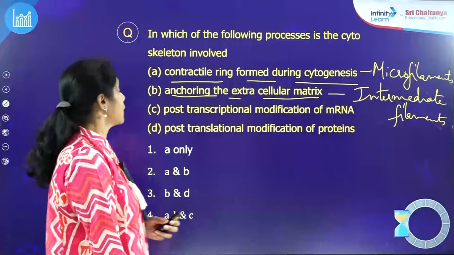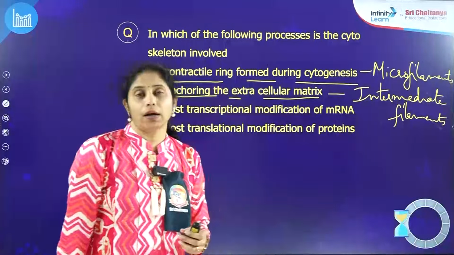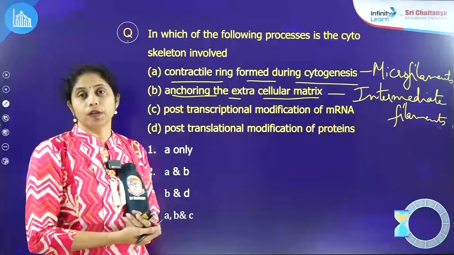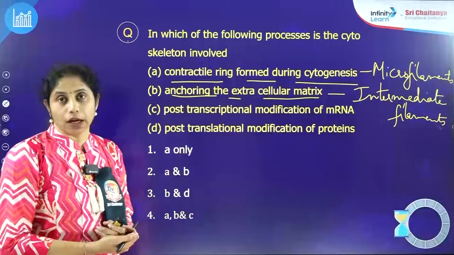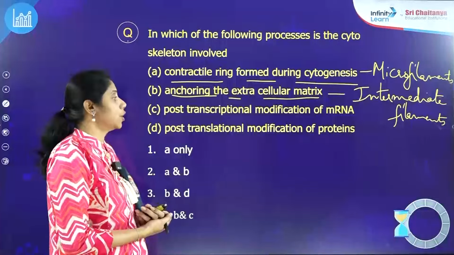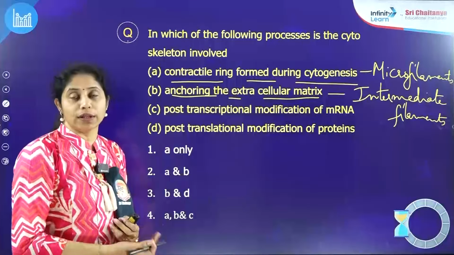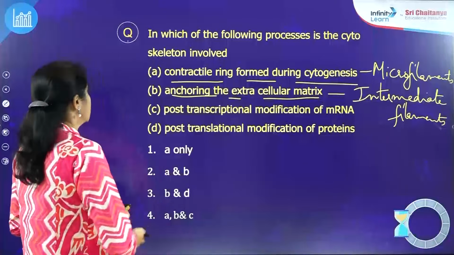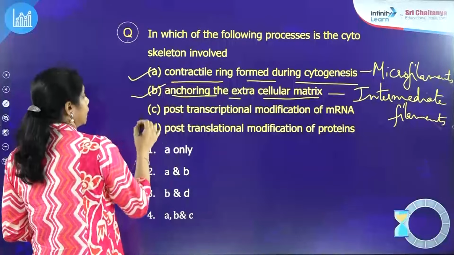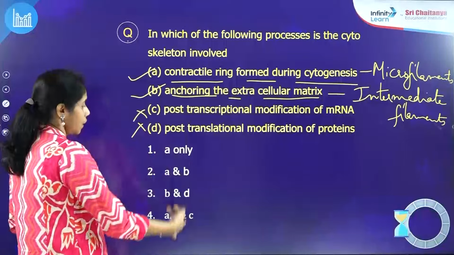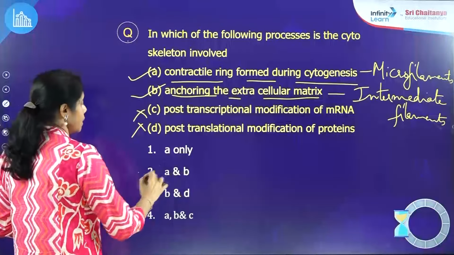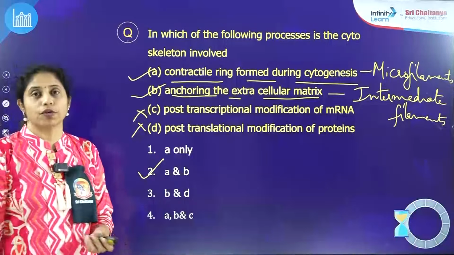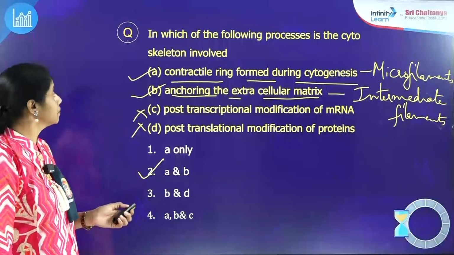Then post-transcriptional modification of mRNA is done by certain proteins, but this is not a function of cytoskeletal elements. Post-translational modification of proteins is also done by certain enzymes and proteins, not by the cytoskeletal elements. So for this question, these two are correct and these two are wrong. In the given options, A and B are the two, so the second option would be correct.